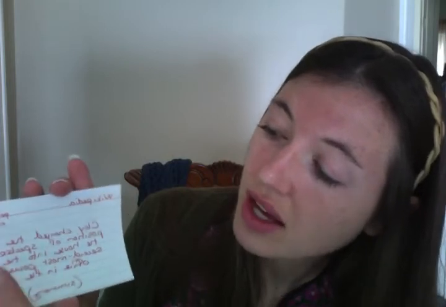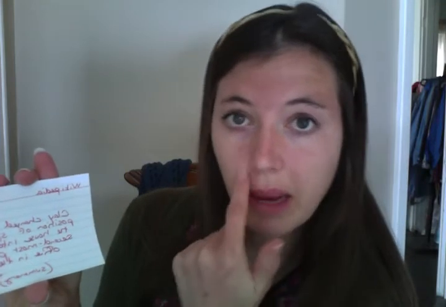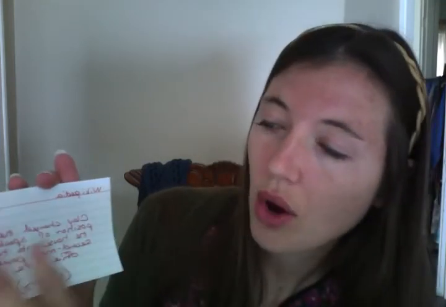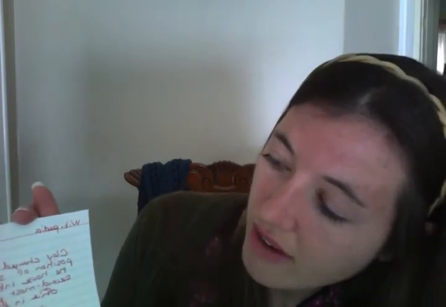Because now, since I've summarized it, I can just put this sentence as is in my paper, because I know I'm not plagiarizing. I still have to cite it. I'll still have to put in a footnote and say I got this from Wikipedia, but I don't have to put it in quotes or anything like that. So this one says, Clay changed the position of Speaker of the House into the second most powerful office in the U.S.